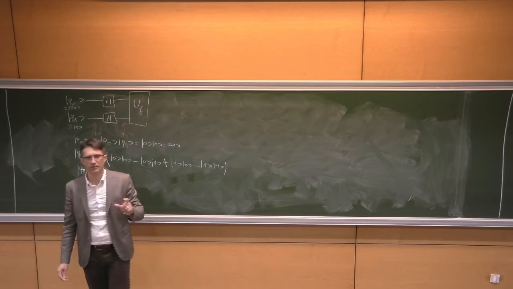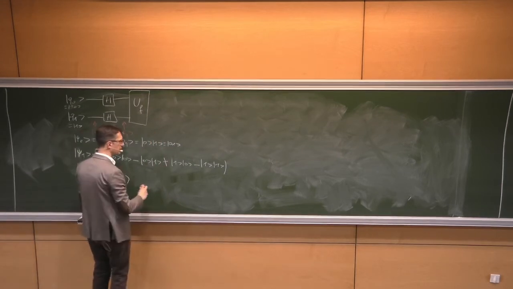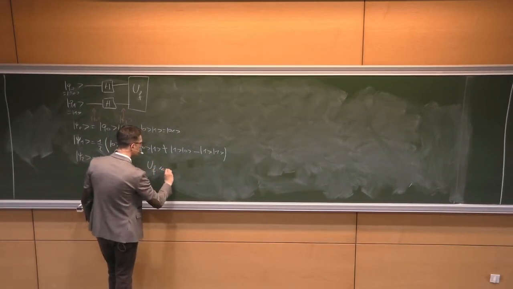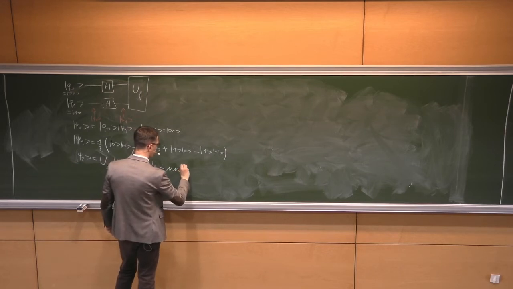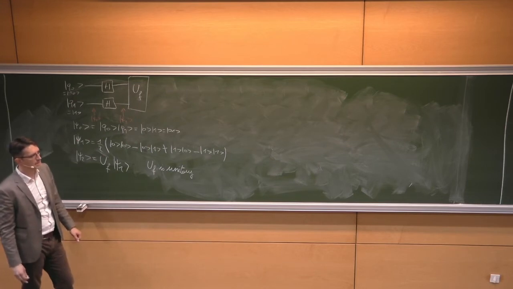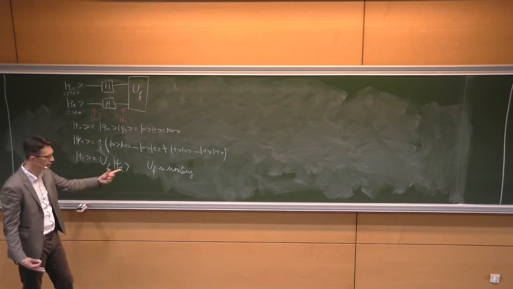And the condition I give on U of F, as you can see here, is that it has to be a unitary matrix. But we do not know what it is. In fact, we don't have to know what it is. All we need is to make sure that it is unitary, and I will define it in a second.